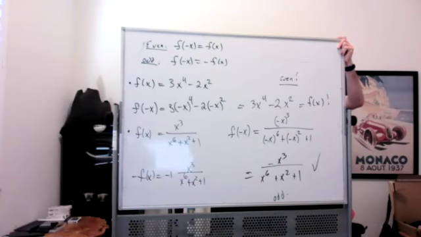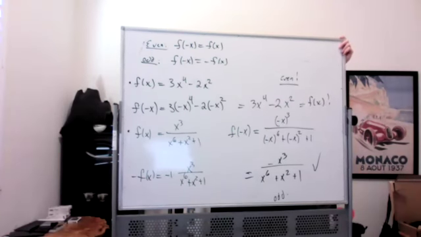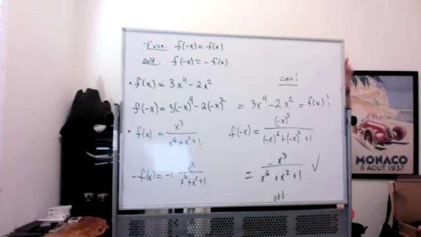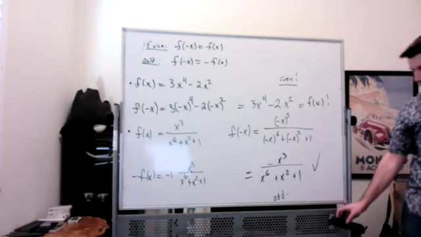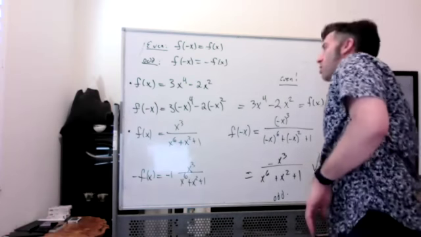Could you explain that one more time? Sure. The part about multiplying by negative 1? Yeah. Okay, so let me go up here.